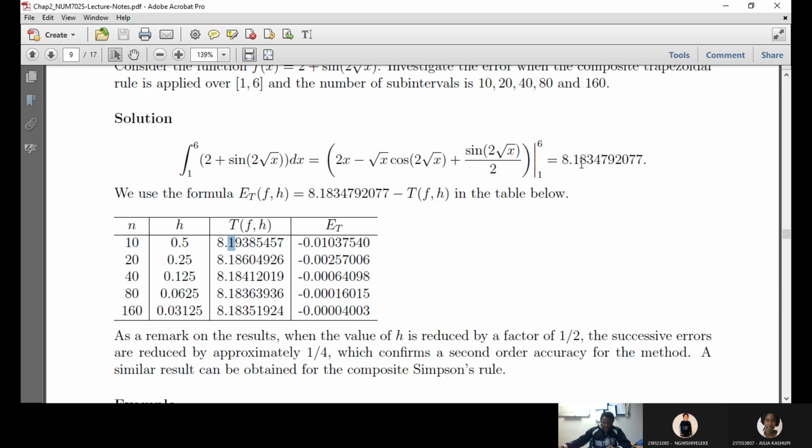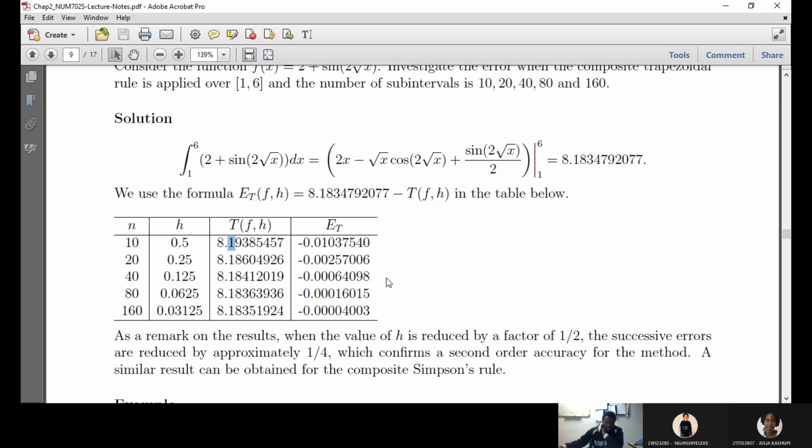Now the next is 83. Yeah, 83. And if you look at this one, you have 86. So this one does not appear the way it appears when we do our numerical integration, numerical differentiation.